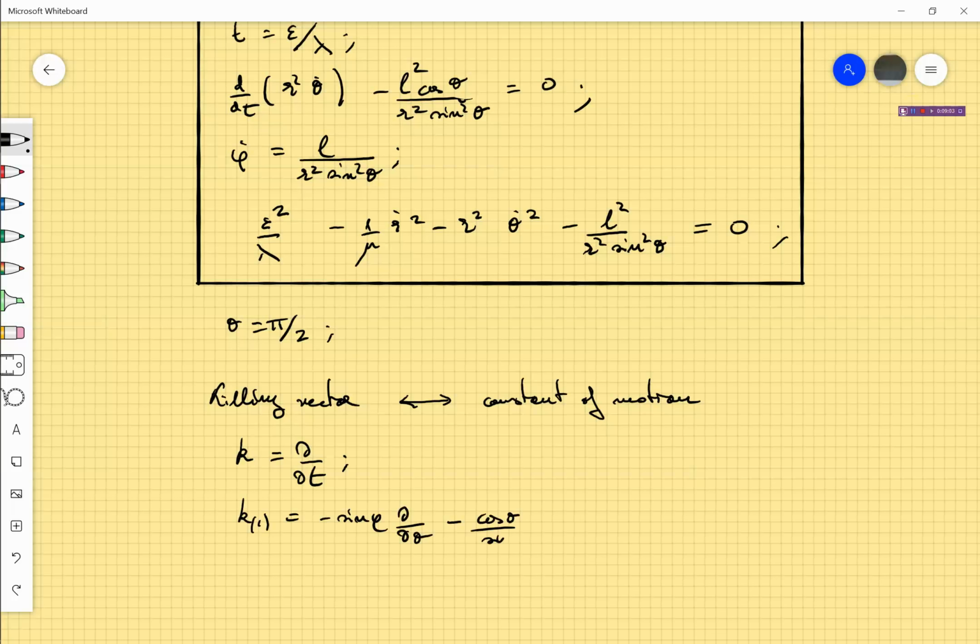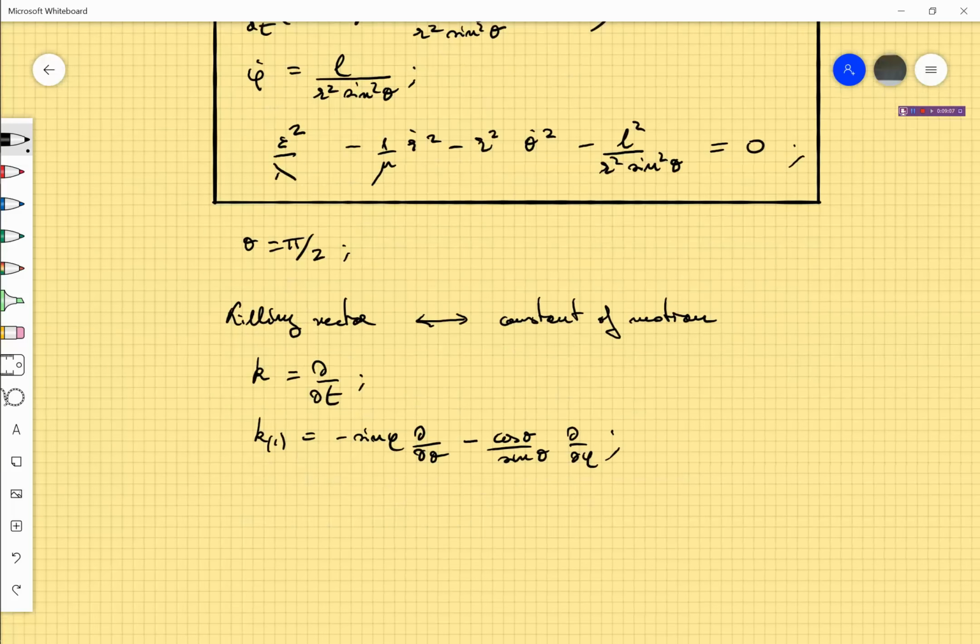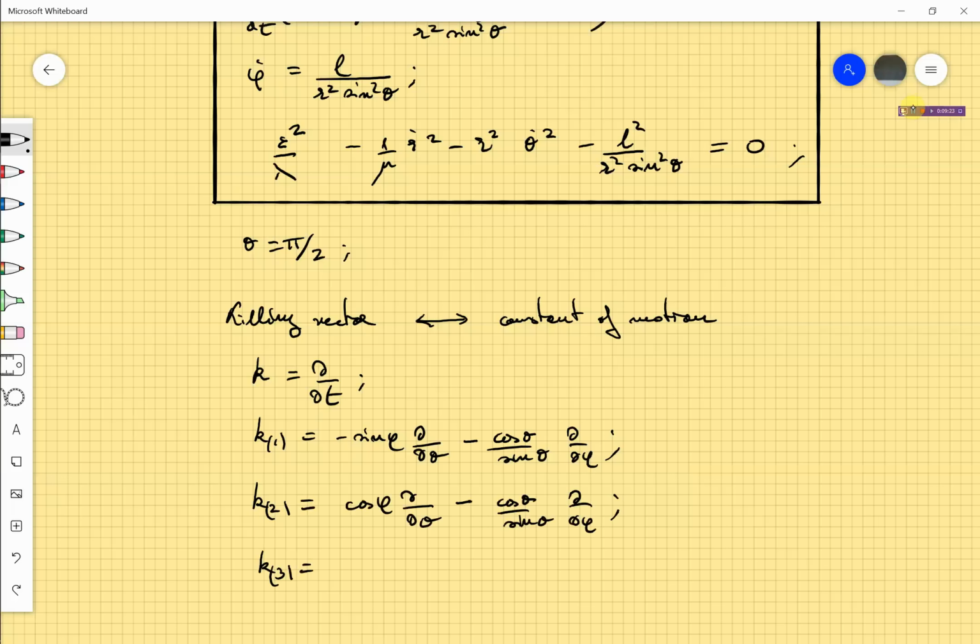Cosine theta, sine theta, d phi, then k2 is cosine phi d phi minus cosine theta sine theta d phi, and k3 is just d phi.